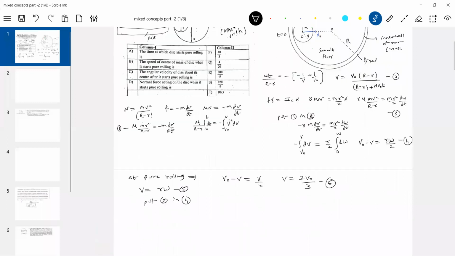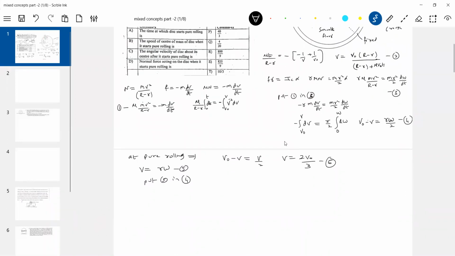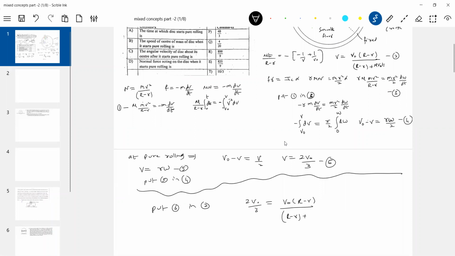Now put 6 in. So 2 v naught by 3 is equal to v naught minus r. Solve for t. I'll write it directly.